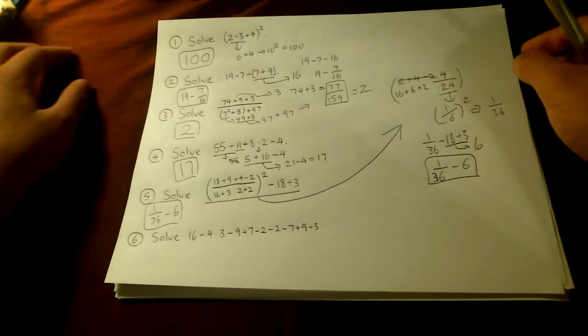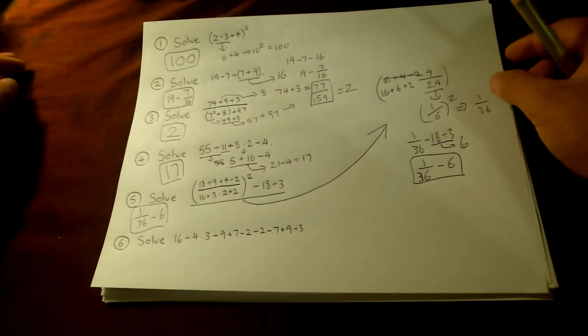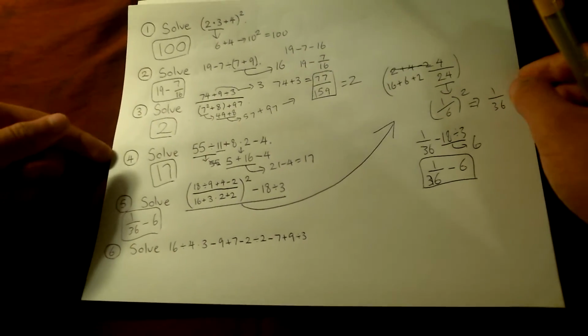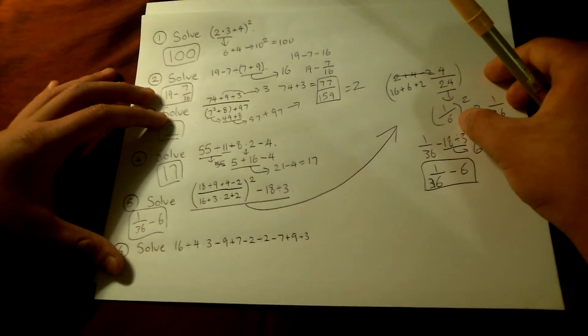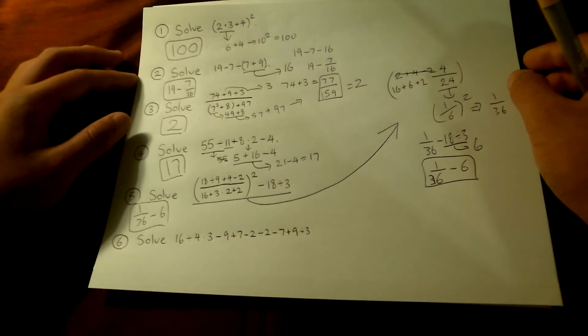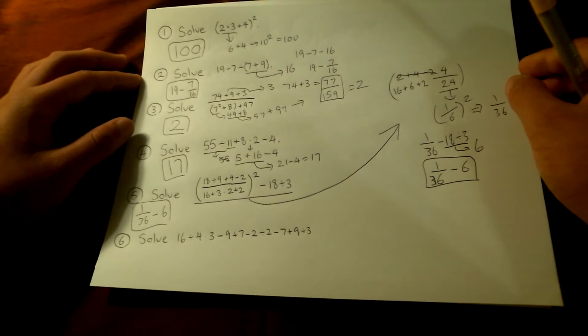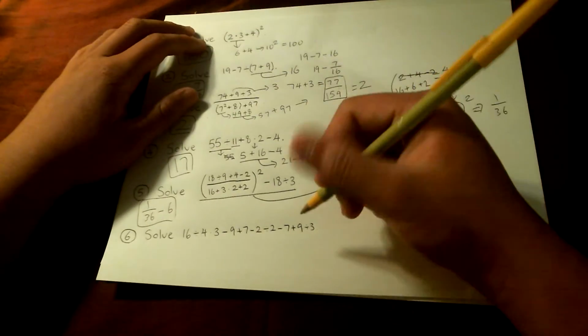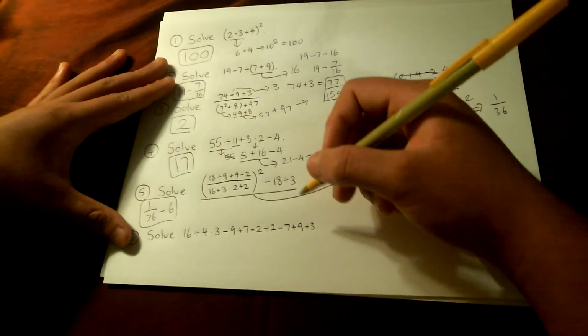Alright, let's move on to the very last one. Okay, so this one asks to solve 16 divided by 4 times 3 minus 9 plus 7 minus 2 divided by 2 minus 7 plus 9 divided by 3. Let's just work out this long expression.